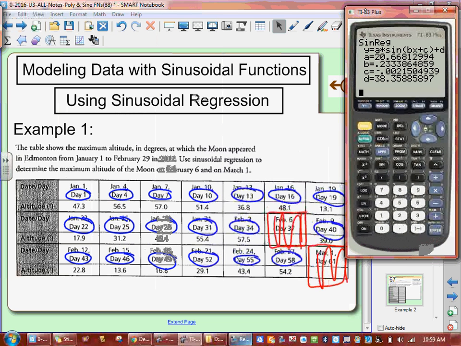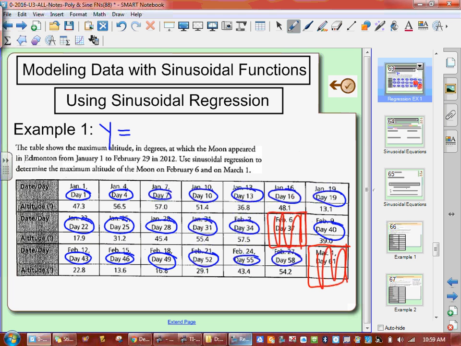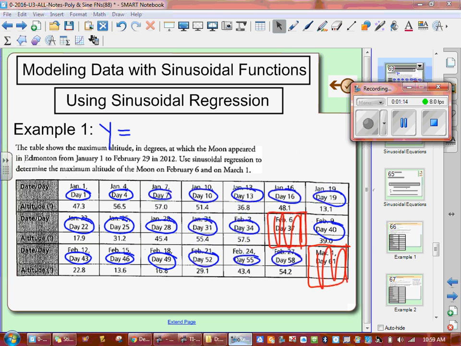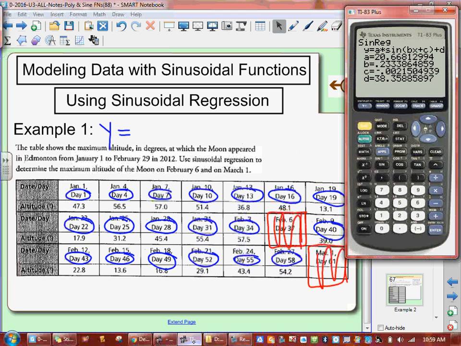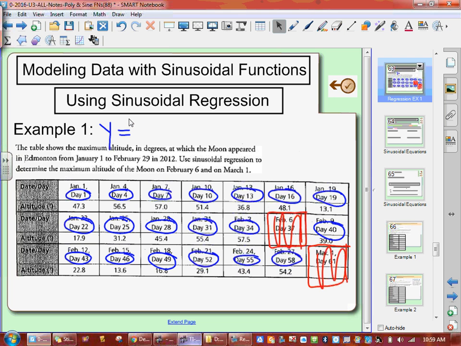Okay, so we end up with an equation of Y equals 20.668, and then we write the word sine, we open a bracket, and now we're going to put our B letter, or B number in.